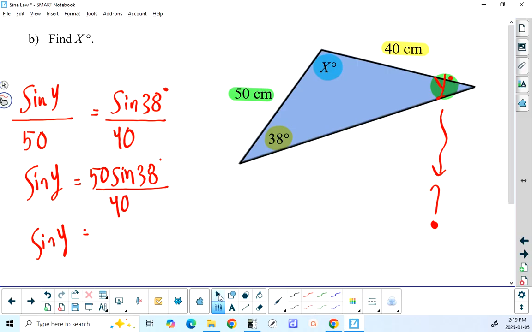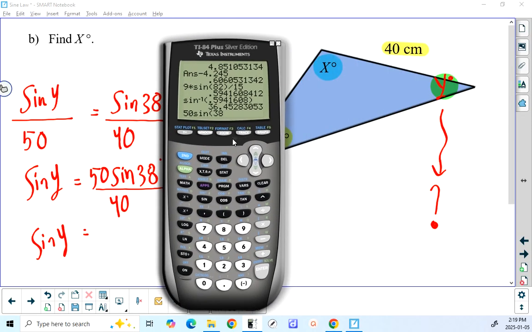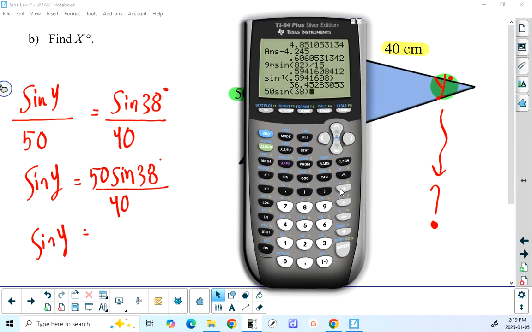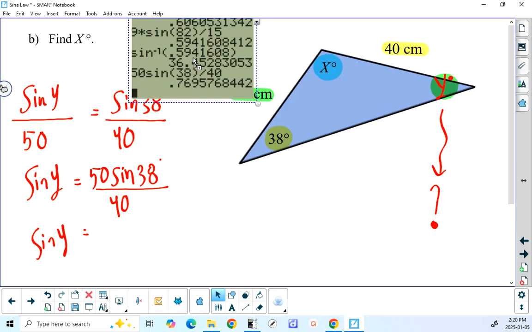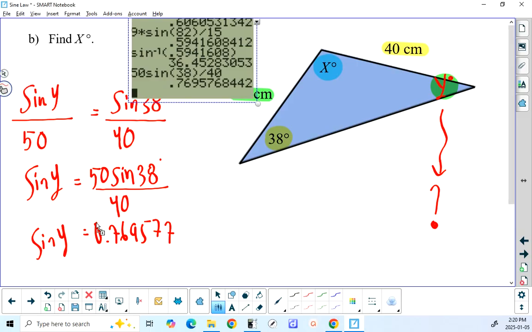Give everybody a second to calculate what that is. I'm getting 0.76957 something, doesn't really matter what exactly.